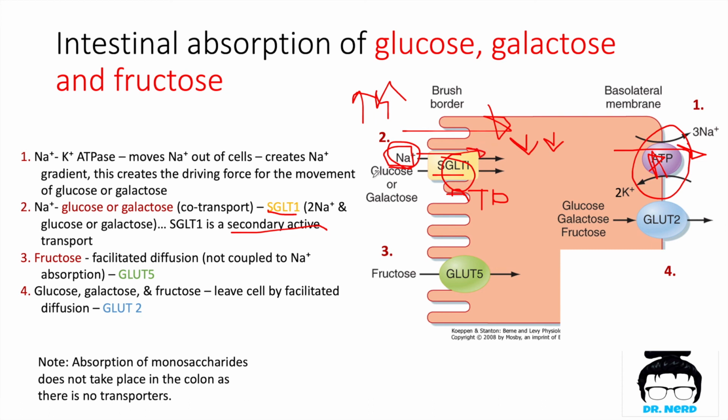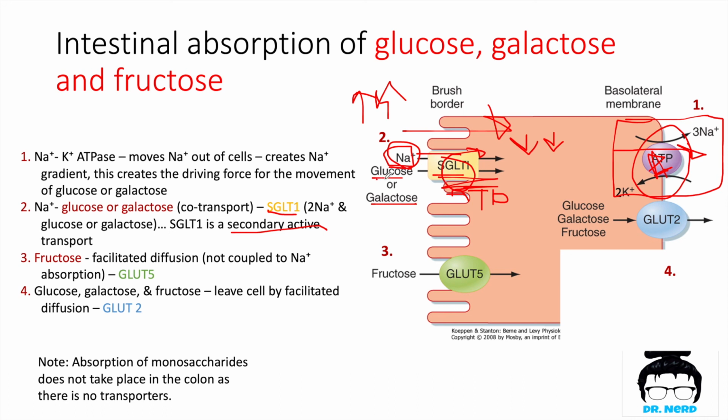So it's a secondary active transport. This one is a primary active transport because it itself uses ATP, and this is a secondary active transport because it relies on the other carrier, which uses up ATP, to work.